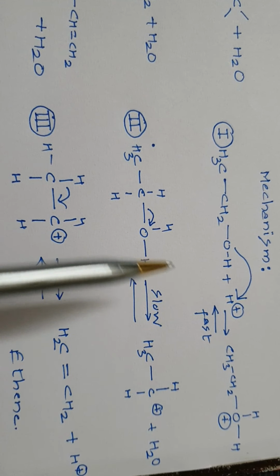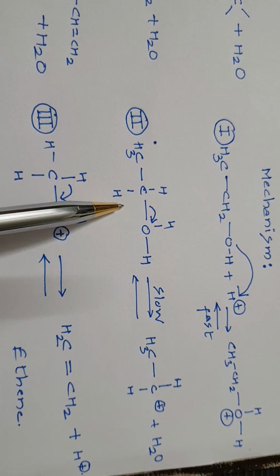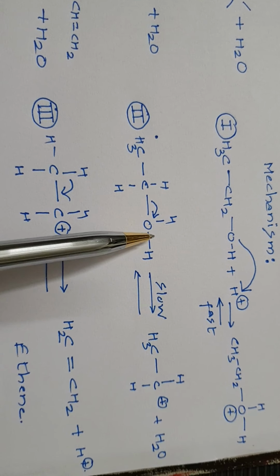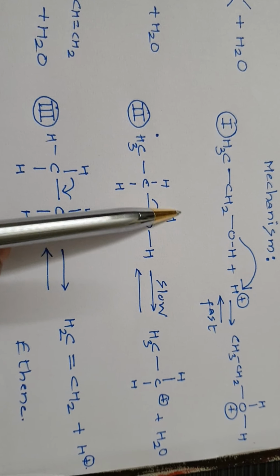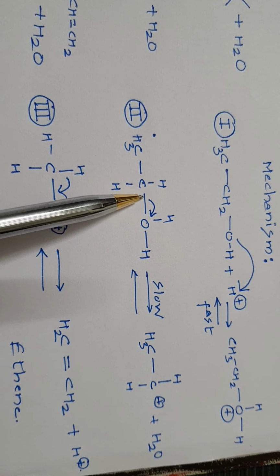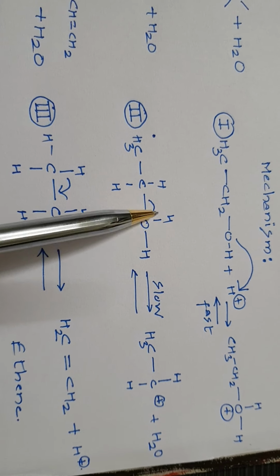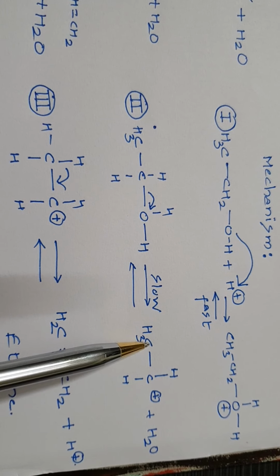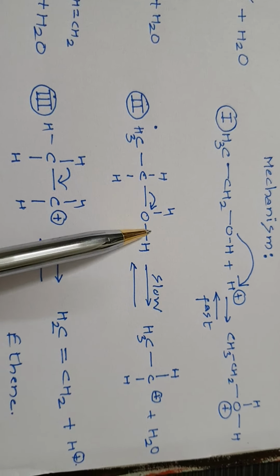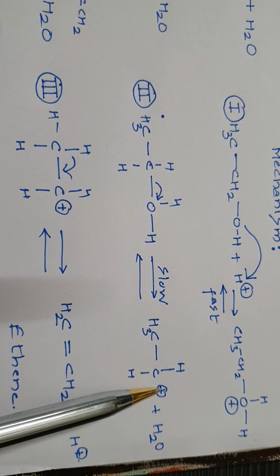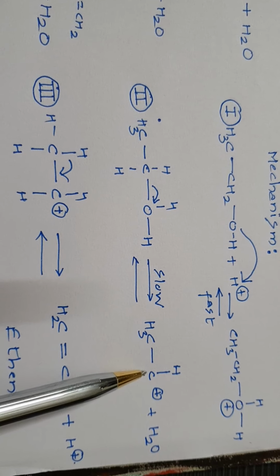This protonated alcohol further, your carbon goes to give out this water molecule. This is a protonated alcohol. Now it can't retain this positive charge, hence what it does is that it goes to give out this particular water molecule. This is comparatively a slow reaction. When the water molecule goes out, it goes with its electron, and hence it leaves a positive charge on this particular carbon atom.